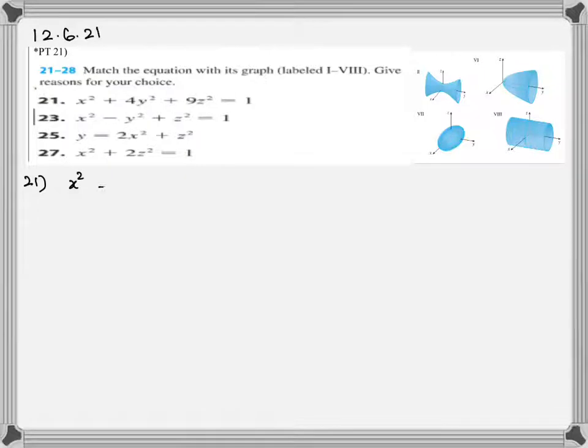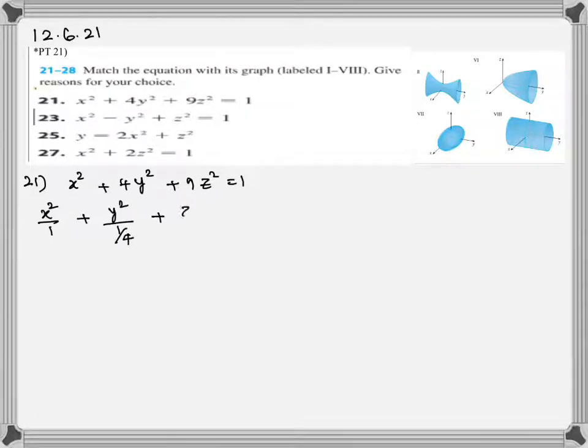Let's first consider number 21, which is x squared plus 4y squared plus 9z squared equals 1. We can bring it to an ellipsoid form, which is x squared over a squared plus y squared over b squared plus z squared over c squared equals 1.